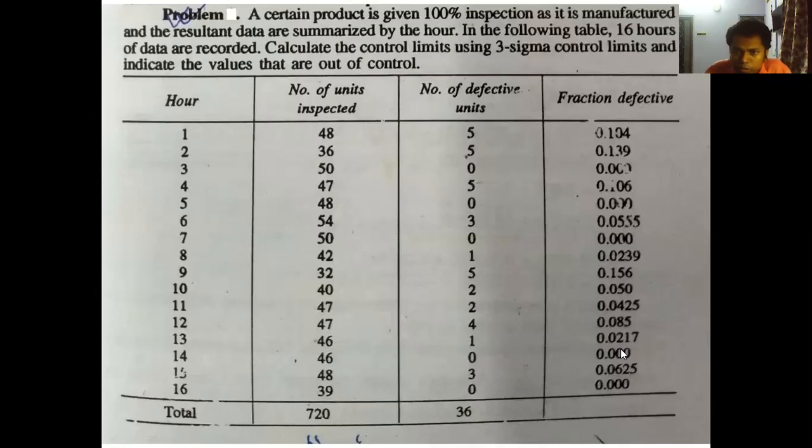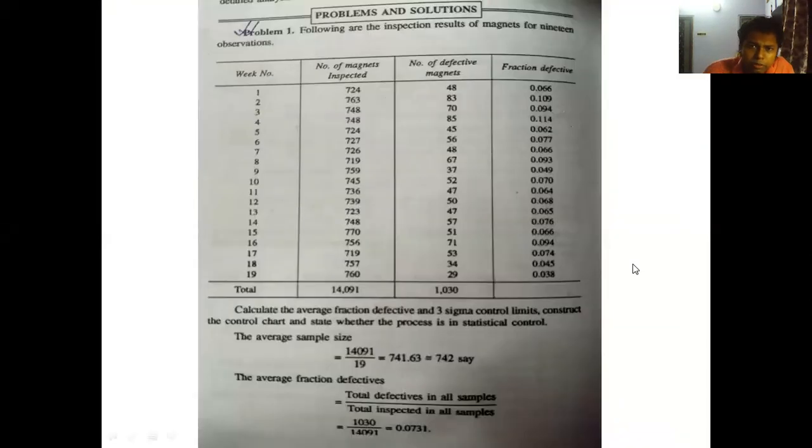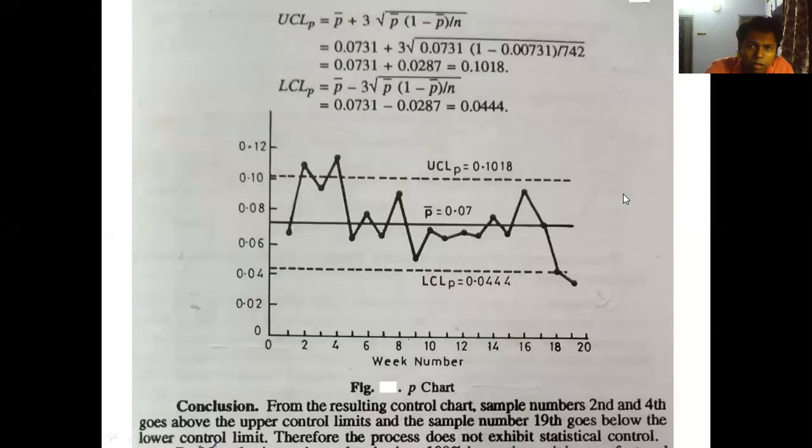You can see here that your second and fourth readings are beyond your upper control limit, and the 19th fraction defective is beyond your lower control limit.